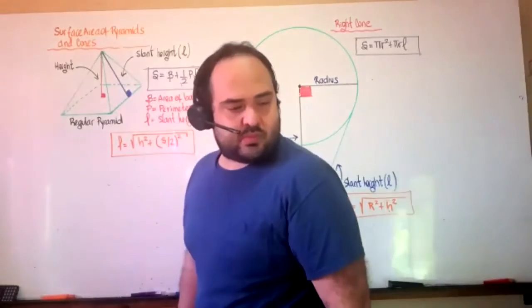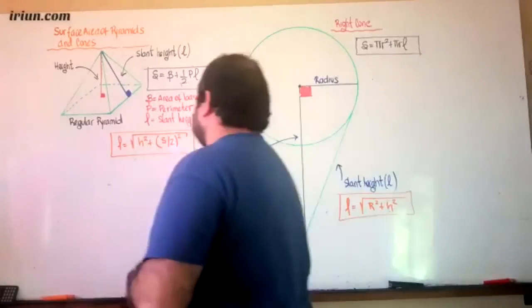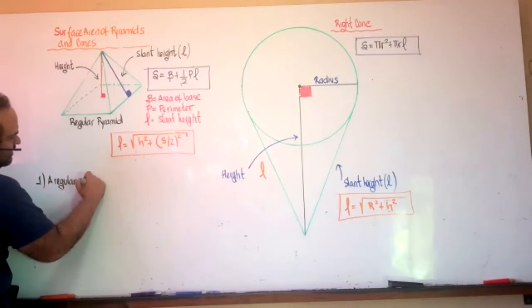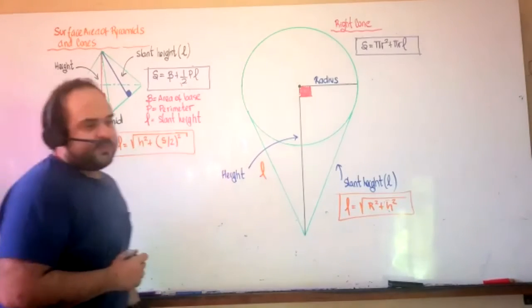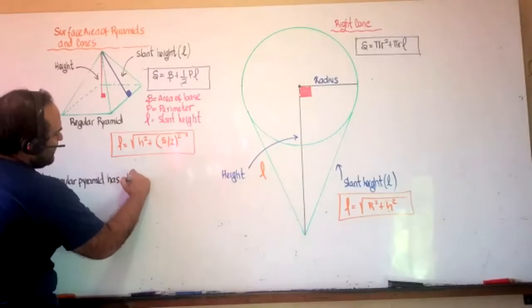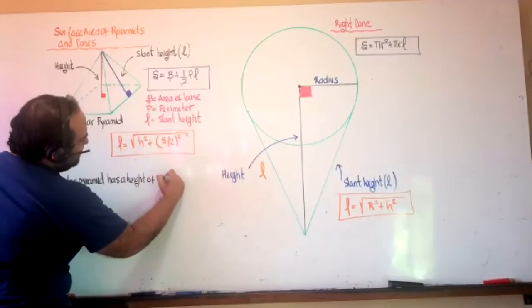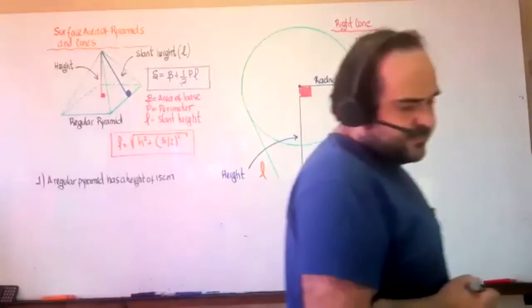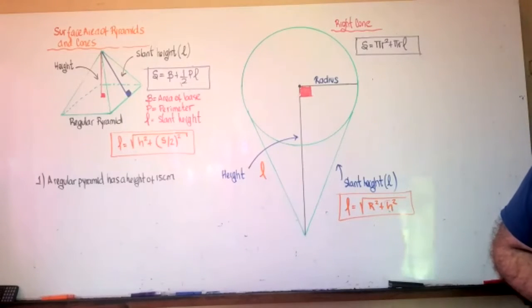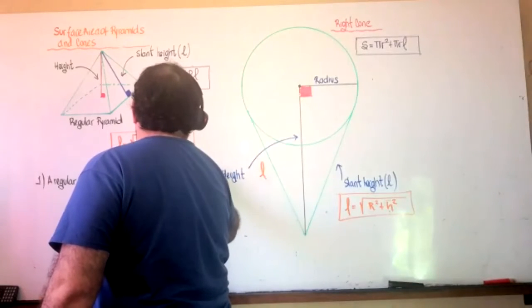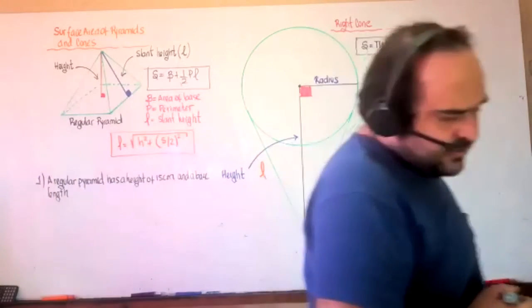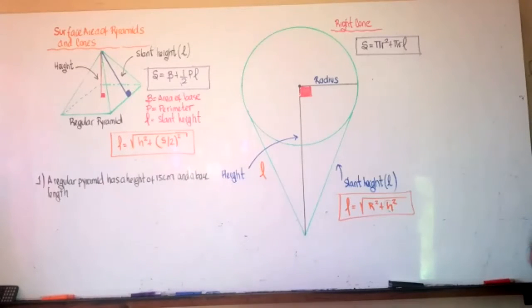Example number one. A regular pyramid has a height of 15 centimeters and a base edge length of 16 centimeters.